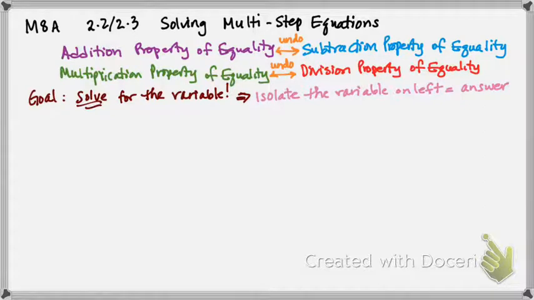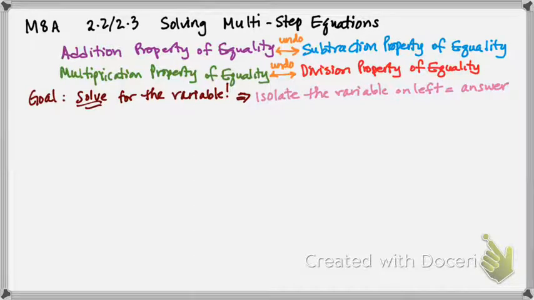Isolate the variable on the left, and on the other side of the equal sign will be the answer. Okay, so we have subtraction undoes addition, addition undoes subtraction, division undoes multiplication, multiplication undoes division.